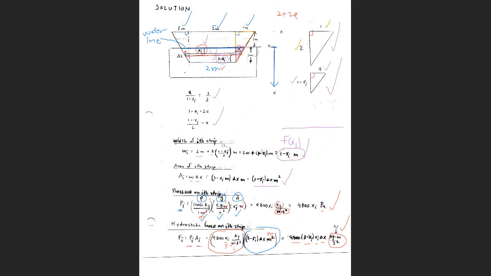But we want the hydrostatic force on the part of that plate that's submerged below the water. So what's the next step? What are we going to do with all these force expressions? Integrate them. Before we integrate, we have to create a Riemann sum.